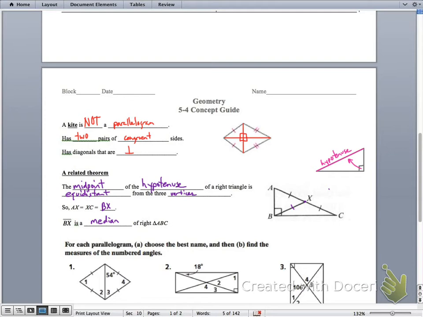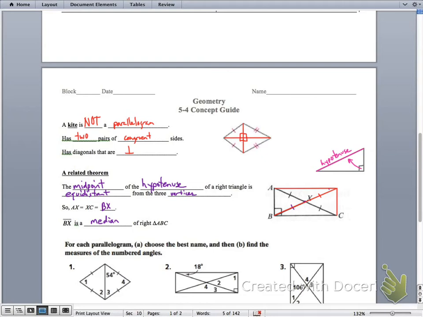Now, why does this theorem show up in this strange place in the middle of all these special quadrilaterals and parallelograms? Well, what is a right triangle? A right triangle can be described as half of a rectangle. If you take a rectangle and chop it in half via a diagonal, you end up with a right angle.